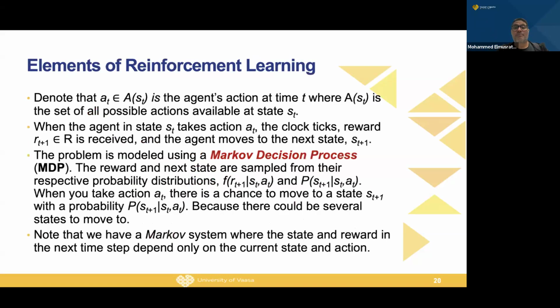Okay, so this process, when you have multiple states, we model the problem by using what is known as a Markov decision process. It is very similar, by the way, to the Markovian process that we saw in the previous week and also the hidden Markov model that we saw before. So they are very, very similar.